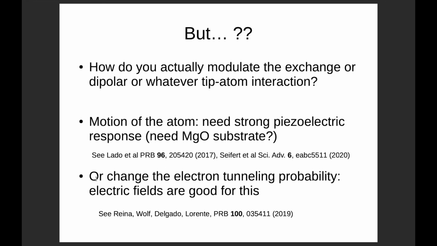There are also other possibilities to make an electric field producing a magnetic field that changes in time, and that is changing the tunneling probability in time. Electric fields are good for that because you are changing the probability that the electron hops between the tip and the sample. This is the scenario that we explore in this article cited here. Thank you very much for your attention.